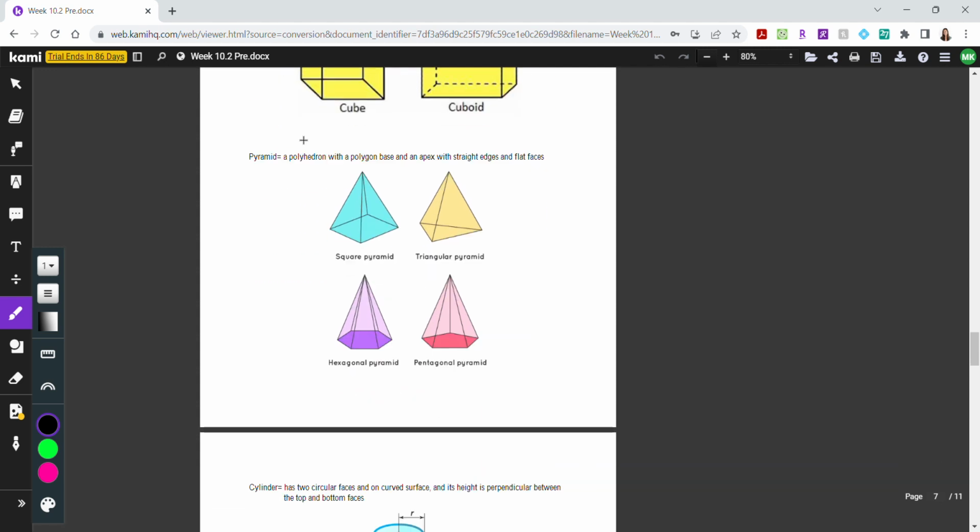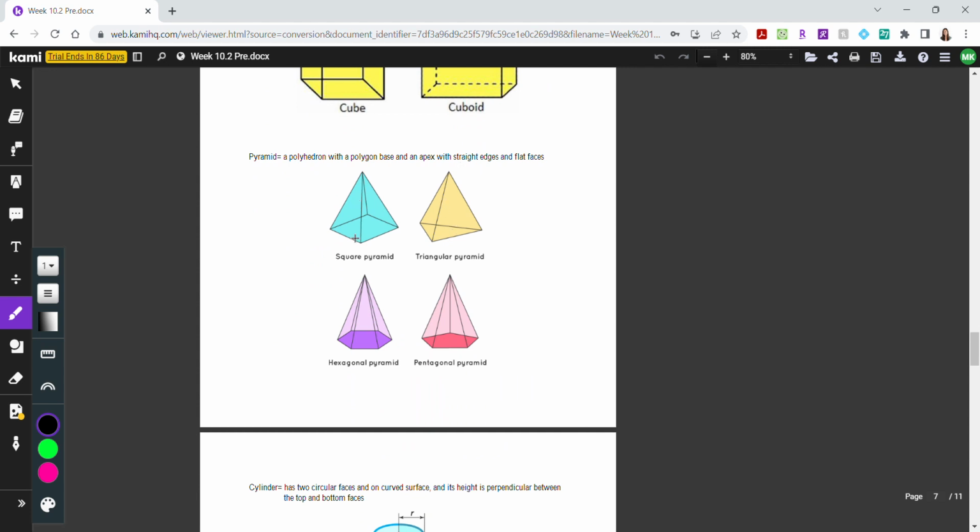The next thing that we have is a pyramid, which is a polyhedron. If you remember, poly means many, hedron means faces, so many faces. A pyramid is a polyhedron with a polygon base and an apex, which is the tip at the top, with straight edges and flat faces.